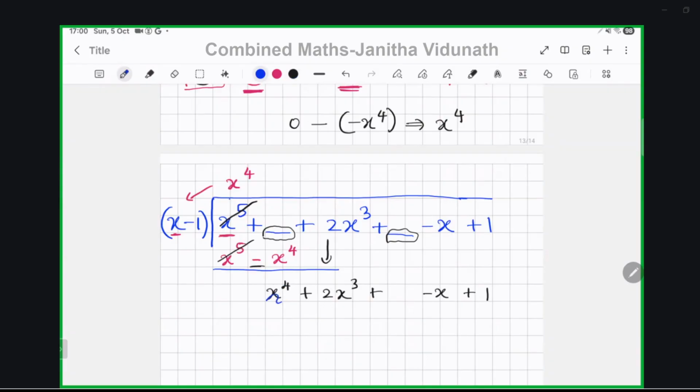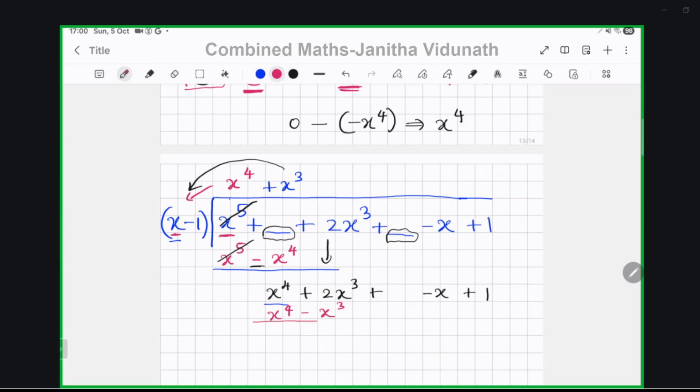Now we compare x to the power 4 with x. When we divide x to the power 4 by x, we will get plus x cube. Then we multiply this with the entire divisor and get x to the power 4 minus x cube.